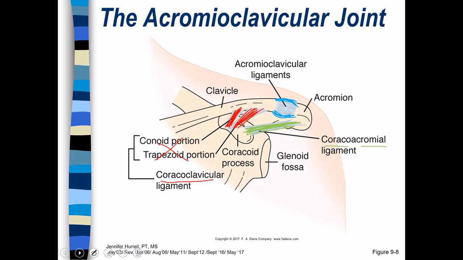So this ligament connects the scapula to the scapula. That doesn't usually happen. We're usually connecting one bone to another to hold them stable, right? Not the case here. So this ligament doesn't have a stabilizing function like our other ligaments. What it's there for is to serve as a roof over the head of the humerus. So the head of the humerus is found in here, right?